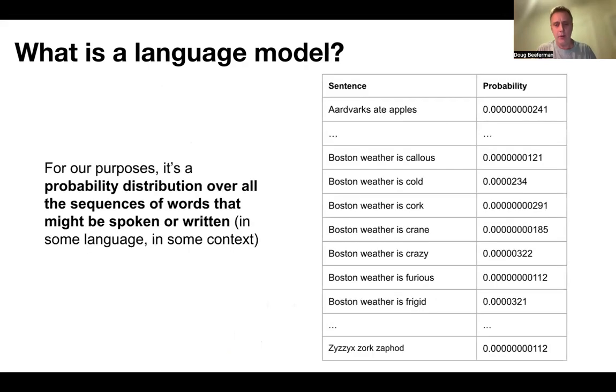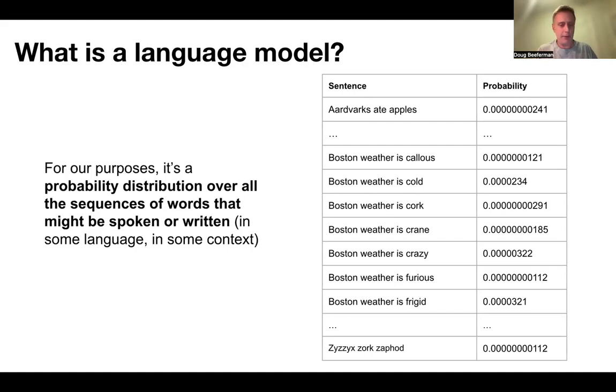And so what is a language model? For our purposes, it's a probability distribution over all sequences of words that might be spoken or written, in particular in some language and in some context. Imagine the Gmail application that I just showed you.